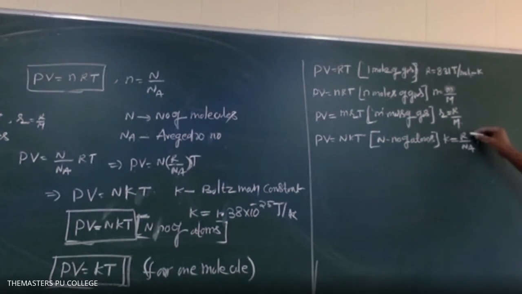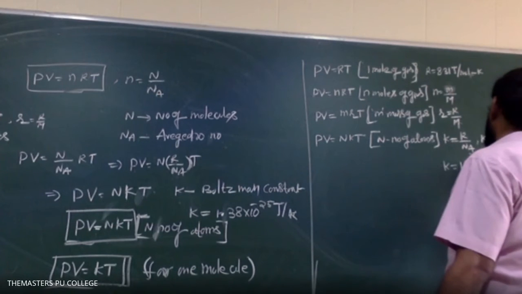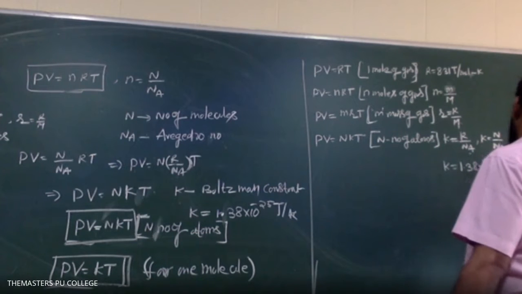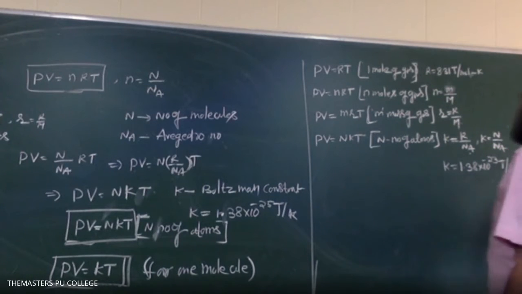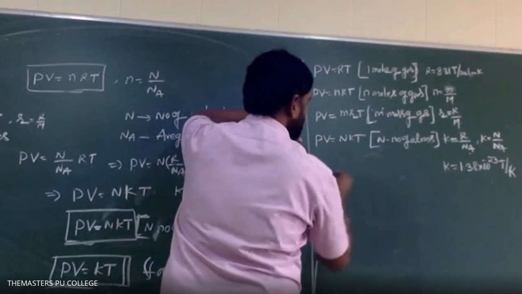It is the ratio of the universal gas constant to the Avogadro number. The Boltzmann constant value is 1.38 into 10 to the power of minus 23 joule per Kelvin. This is for PV equals NKT for N number of atoms.